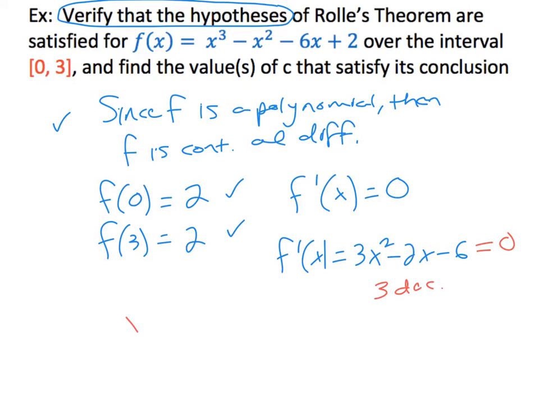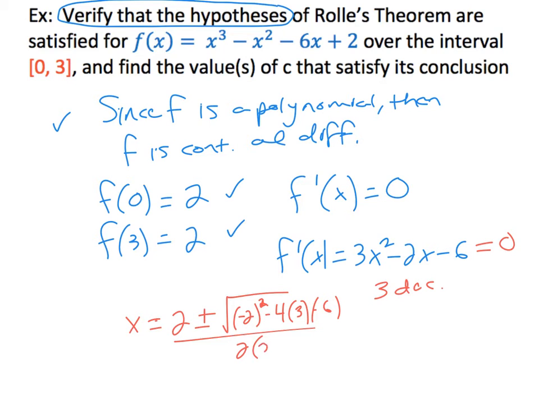But if I applied the quadratic formula, the opposite of b, plus or minus the square root of b squared minus 4 times a times c, all over 2 times a, I get 2 plus or minus the square root of 4 plus, I think I get 76 underneath, and then all over 6.